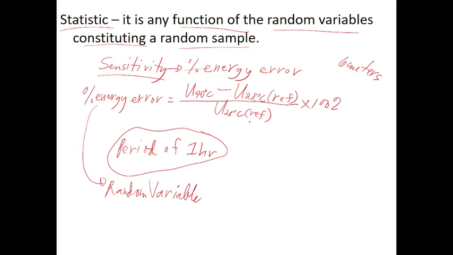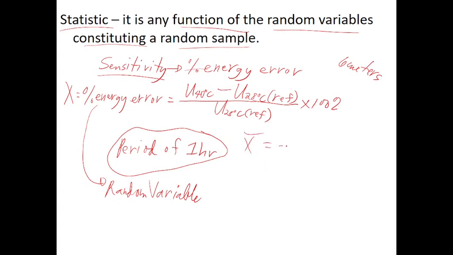So, for example, let me represent percent energy error equal to x. So this is my random variable x. And I have measured the energy error in percent of those 6 meters. I want to get the average.